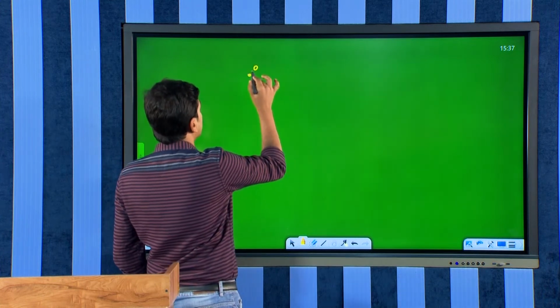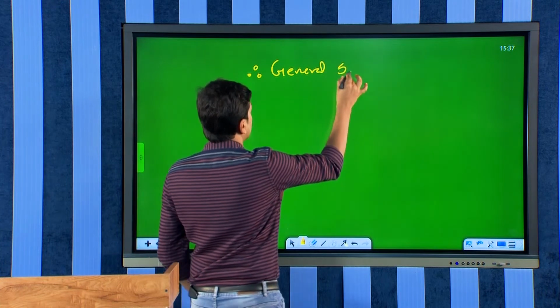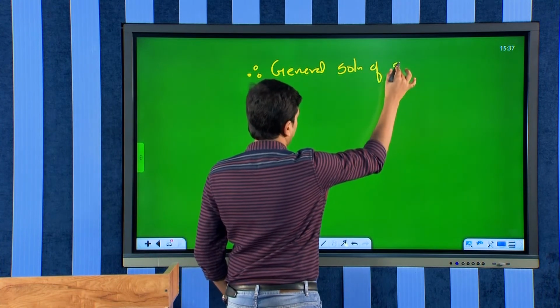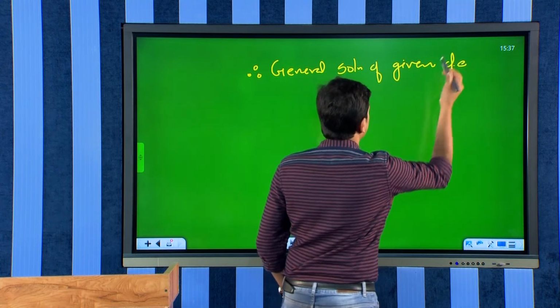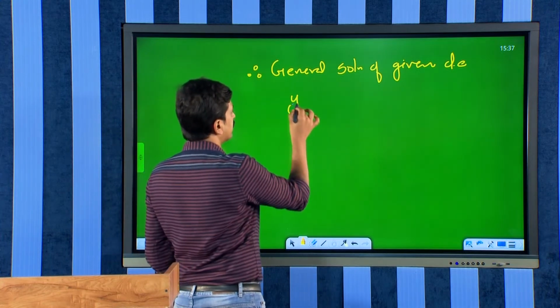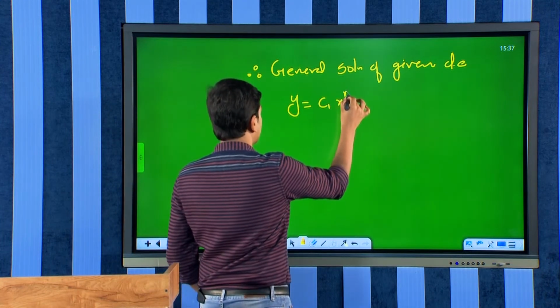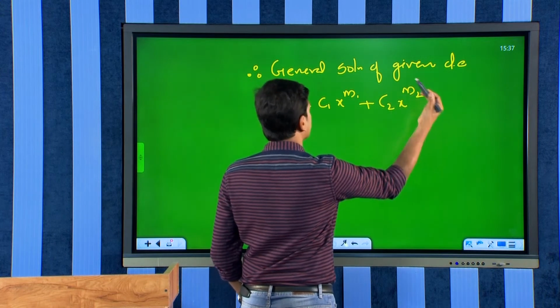Therefore the general solution of the given differential equation is y is equal to c1 x raised to m1 plus c2 x raised to m2.